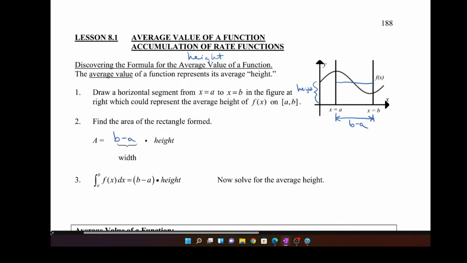So the average value, he wants me to say to you that the area of this rectangle should be equal to the area under the curve.